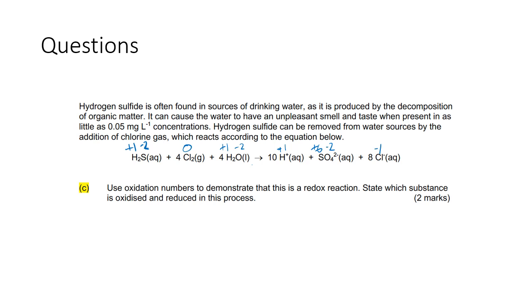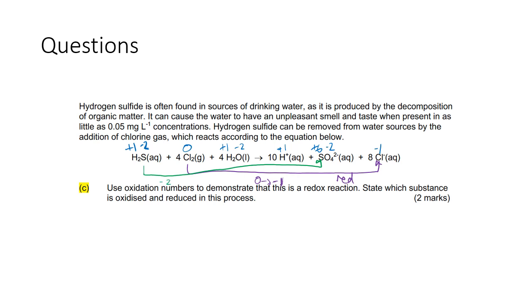Okay, so let's have a look. What's changed? So we've had a change of this one here, going from 0 to -1. Okay, and what did we say? If it reduces or it gets lower in oxidation number, that must be reduction. Okay, and what else has changed? This -2 here on the S has turned to +6.